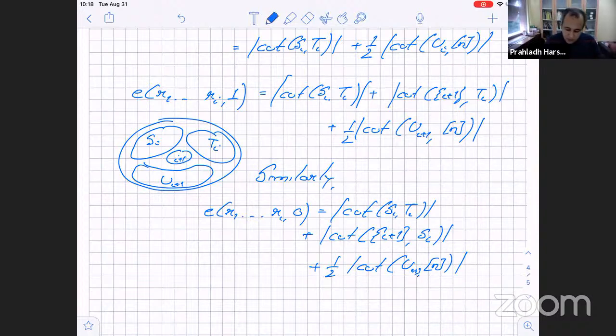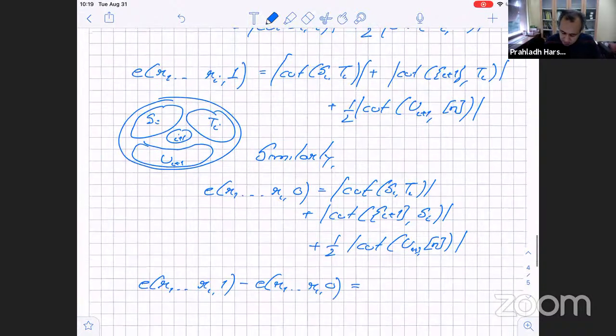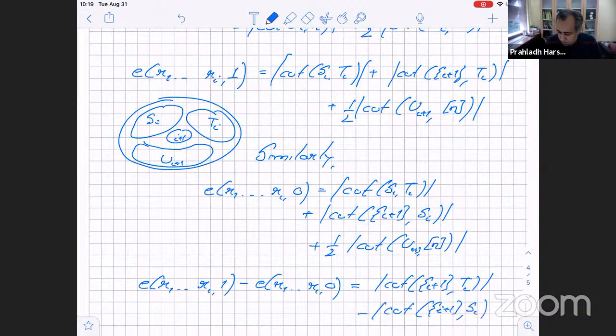So basically all I'm claiming is this quantity E R1 to Ri1 minus E R1 to Ri0. The difference between them is exactly cut I plus 1 Ti minus cut I plus 1 Si.